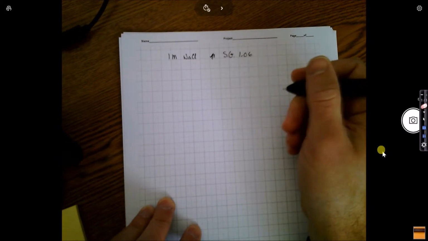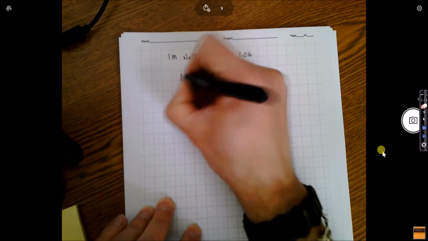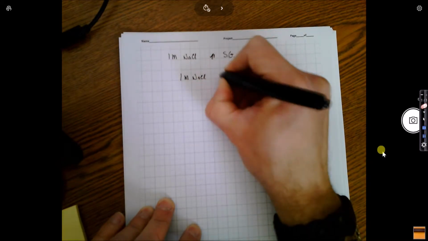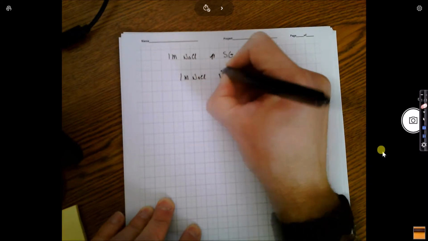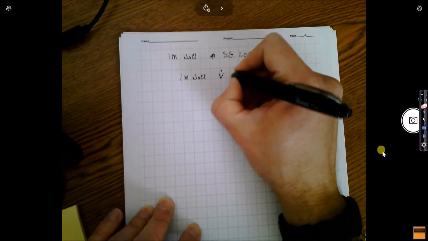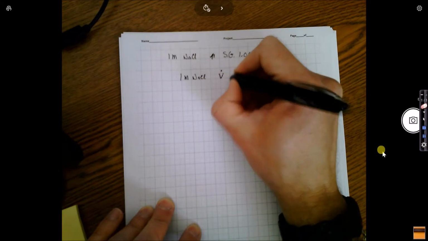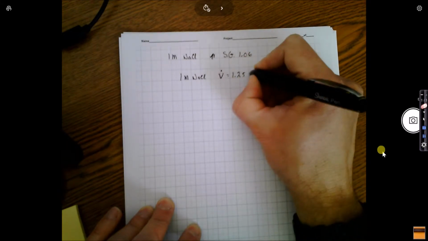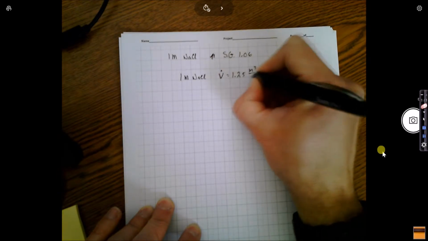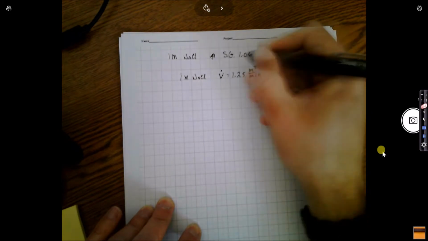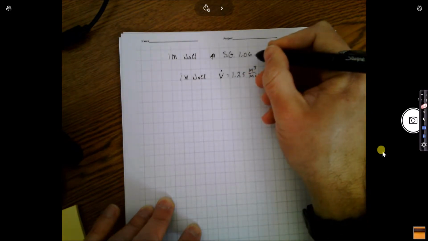So let's say we have this 1 molar solution, and it's flowing with a volumetric flow rate. Okay, so it has a volumetric flow rate of, let's see, what's a good number? Let's do 1.25 meters cubed per minute. Okay, and we know the specific gravity is 1.06, correct?